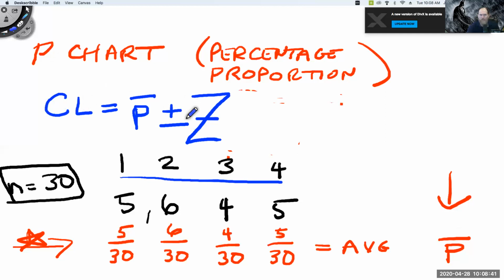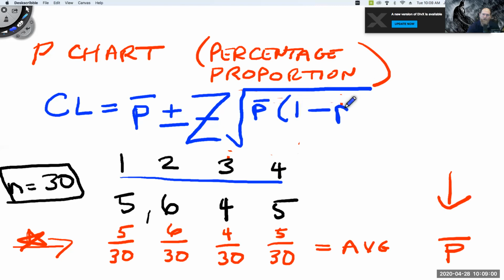This is the same as a confidence interval formula. It is not a confidence interval, and it's still a little bit different, but the formula is about the same: we take the square root of P bar times 1 minus P bar over N.